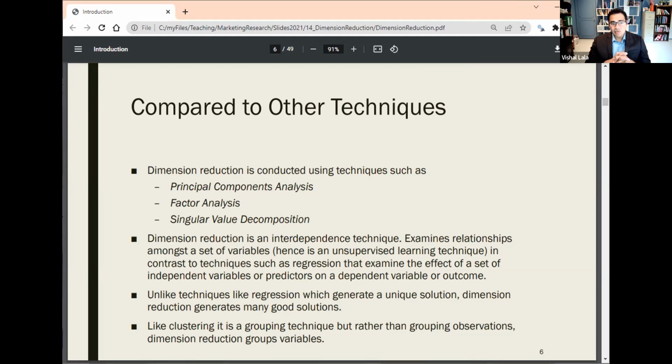And then one has to bring in domain knowledge to pick out which of these solutions is the desirable one. In some ways, dimension reduction is similar to clustering. This is because in both techniques, the goal is to group data together. The difference is in clustering, we group observations. In dimension reduction, we group variables.